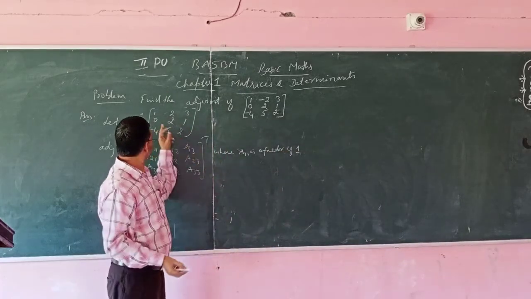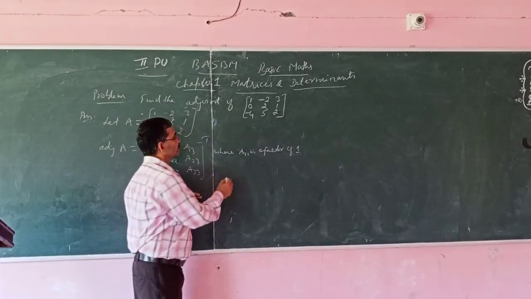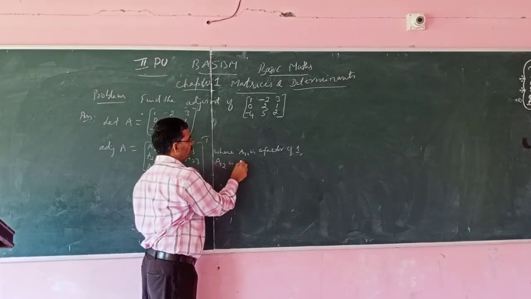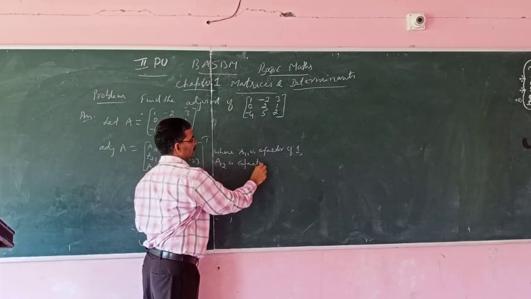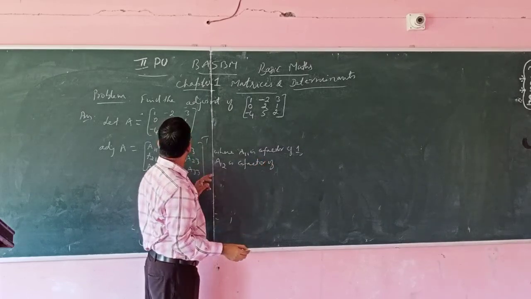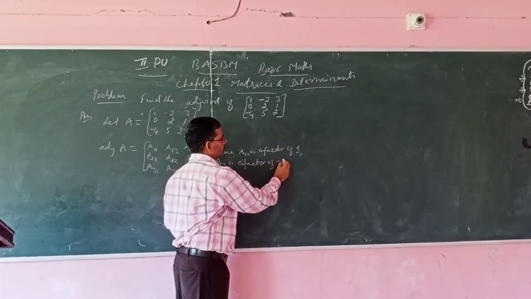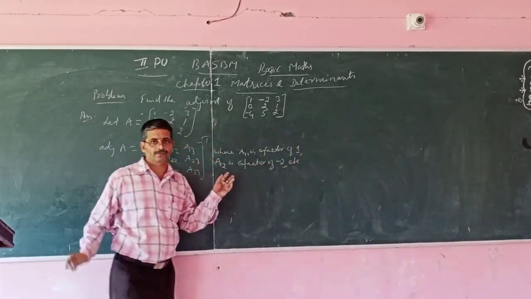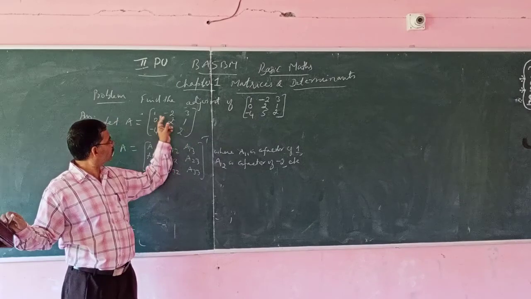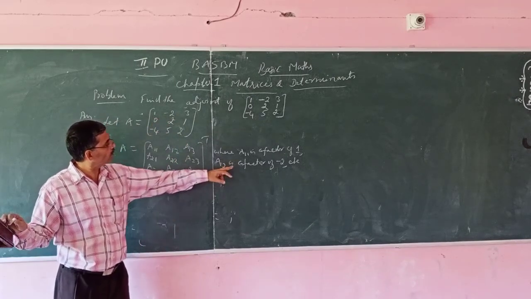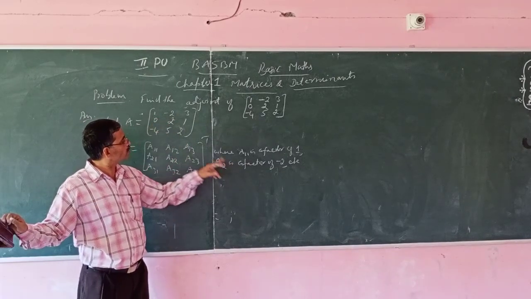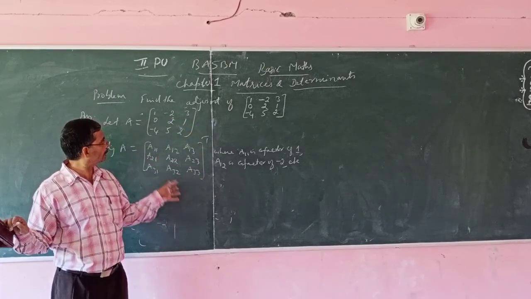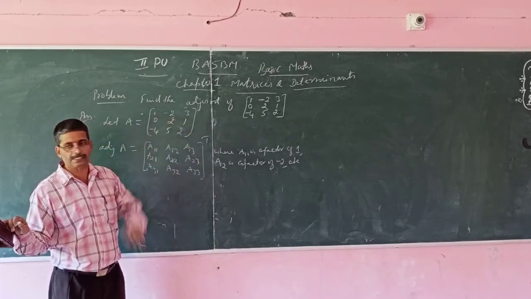Similarly, A12 is the cofactor of minus 2, and so on. Please understand. So A11 means cofactor of 1, A12 means cofactor of minus 2, etc. Now what is required? We will calculate the cofactor of all these elements.